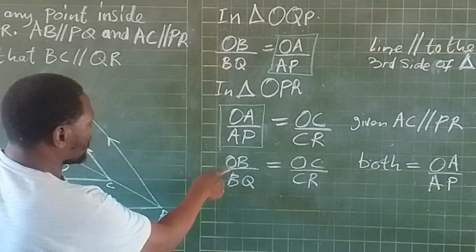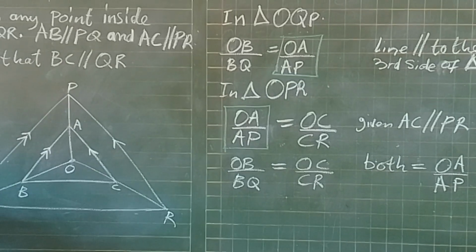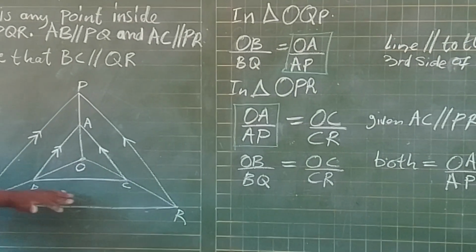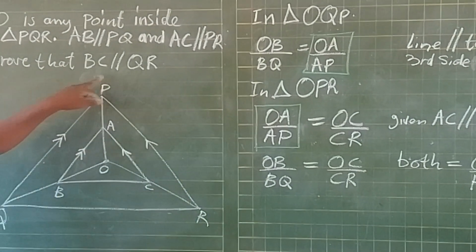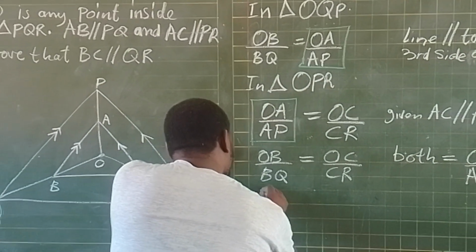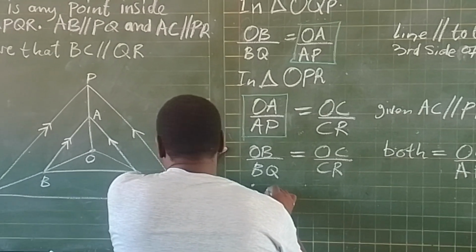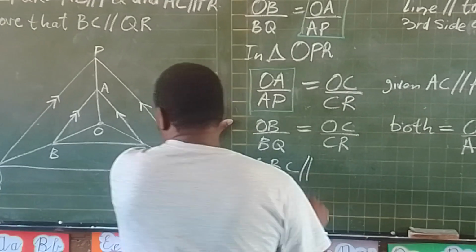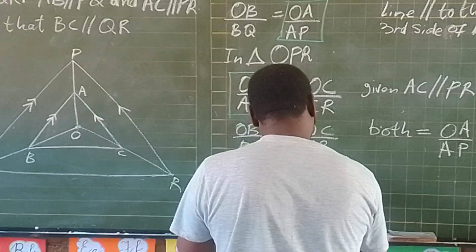So you can see, OB over BQ is equal to OC over CR. That gives us the conclusion that BC is parallel to QR, as we were required to prove. Therefore, BC is parallel to QR.